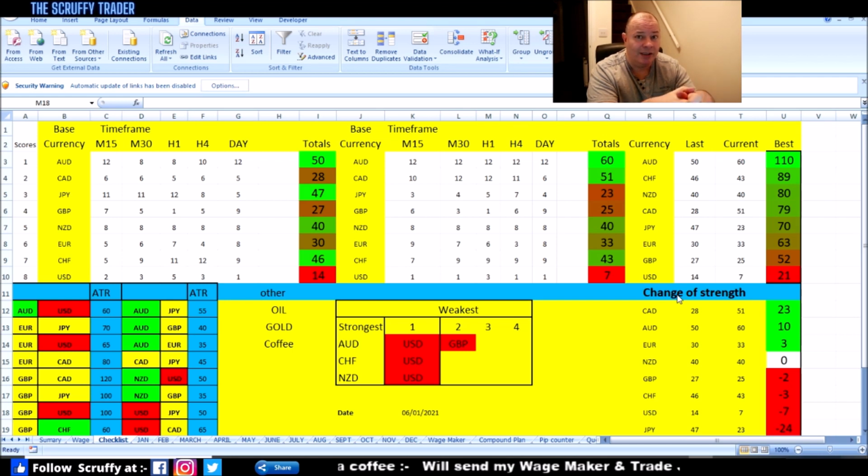And likewise, if a currency is weak, doesn't mean to say it's going to drop. It is an indicator, but it's also a sign that people find value in it. So it could actually be the tipping point. So you've got to be a bit careful with things like that. Anyway, let's have a little look at what we are seeing.